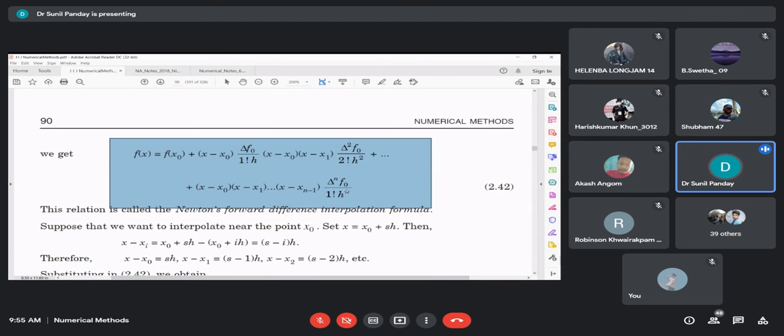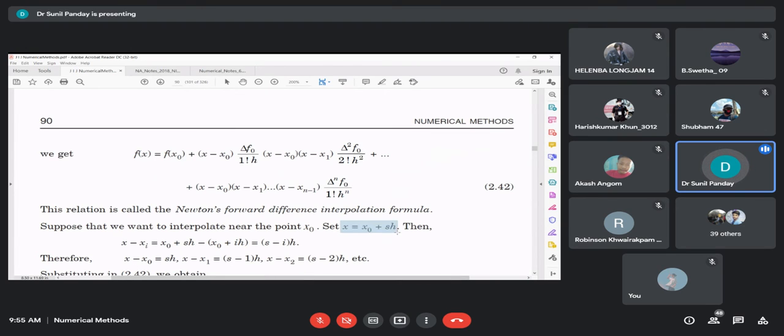To use this, we do some more simplifications, because we know that the value of x is x naught plus sh. If we want to interpolate near the point x naught, we set x equal to x naught plus hs.